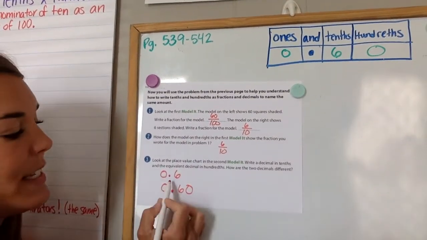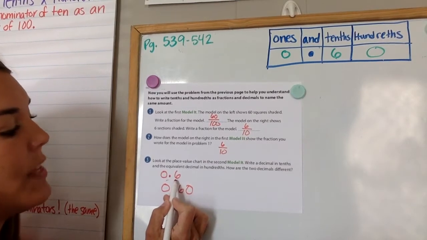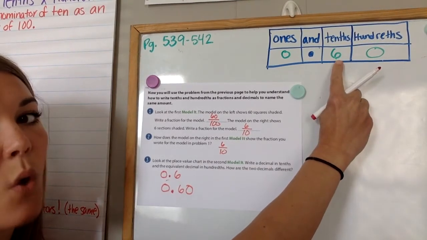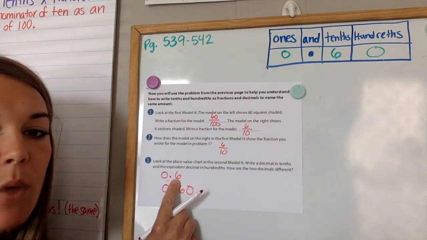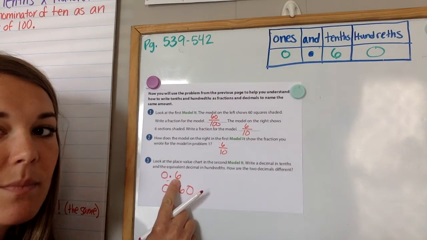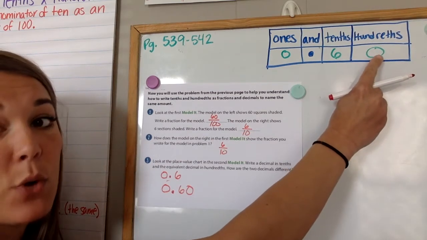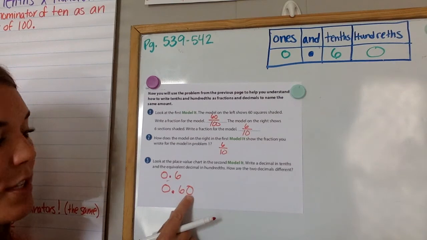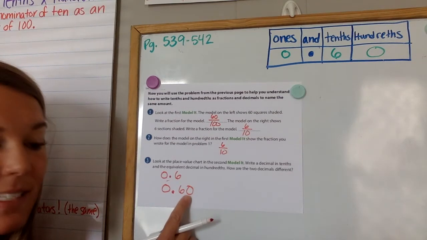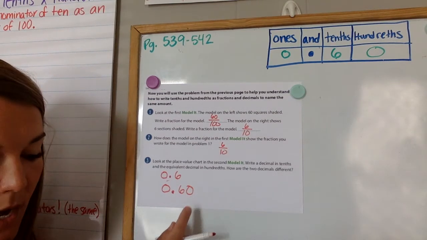The reason why this is tenths is because the tenths place value only goes to 1 after the decimal, right? This has one number after the decimal, which means it's tenths. The hundredths place value goes 2 after the decimal, 1, 2. So this goes 2 after the decimal, that's why it's 60 hundredths, okay?